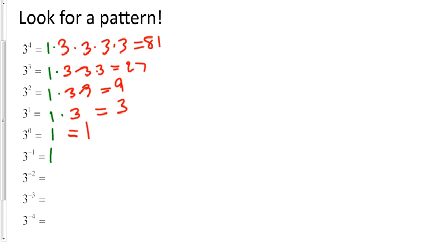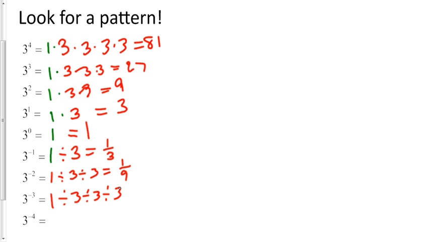So really, 3 to the negative 1 is 1 divided by 3, or 1/3. 3 to the negative 2 is going to be a 1 divided by 3, and divided by 3 again, which is 1/9. 3 to the negative 3rd is a 1 divided by 3 three times, which is 1/27. And 3 to the negative 4th is 1 divided by 3 four times, 1/81st.